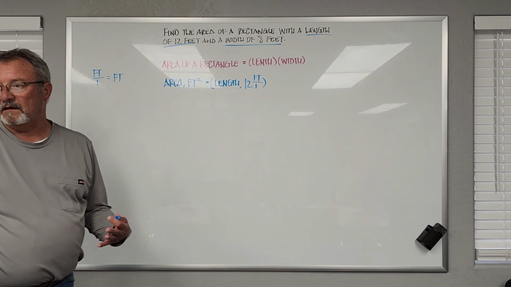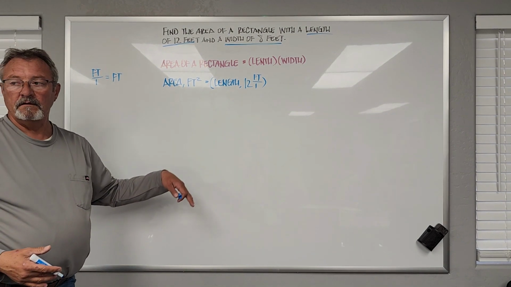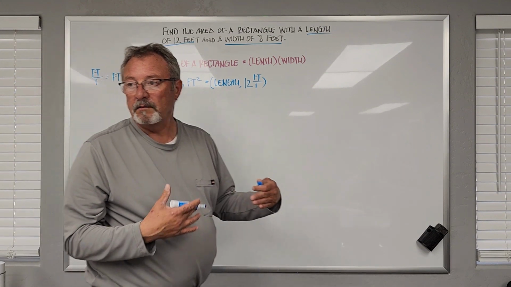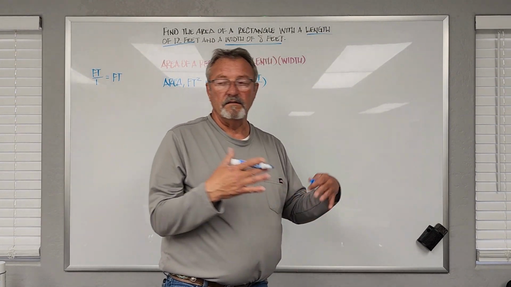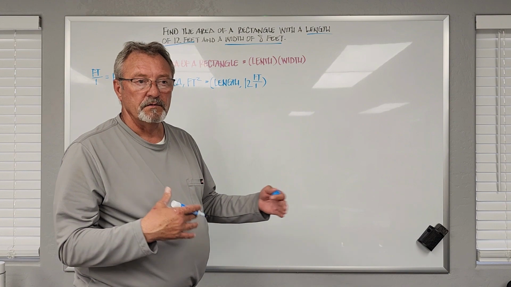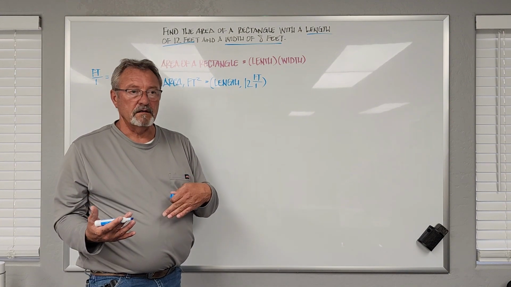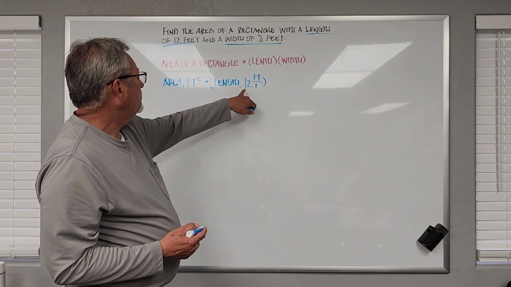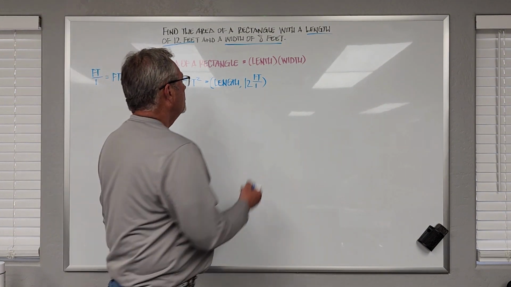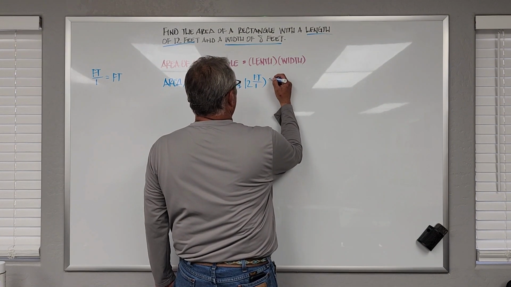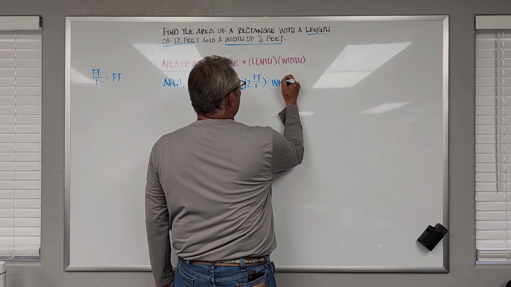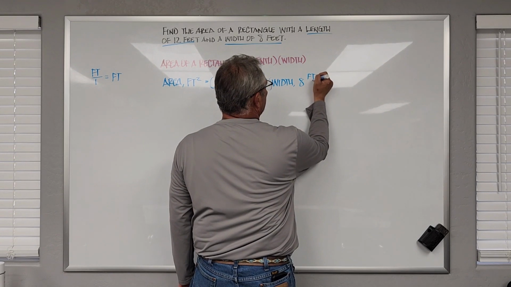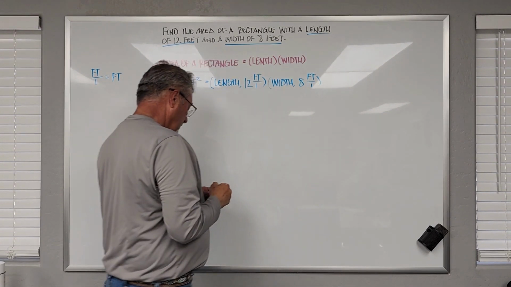It means the same thing. But this becomes important, especially as we progress through the different types of math problems you're going to encounter with all these different disciplines: distribution, collections, wastewater treatment, or water treatment. So length equals 12 feet over 1, and then the width is 8 feet over 1.